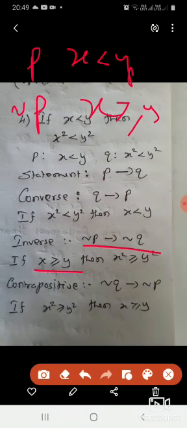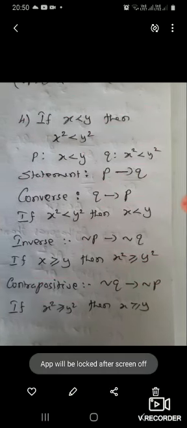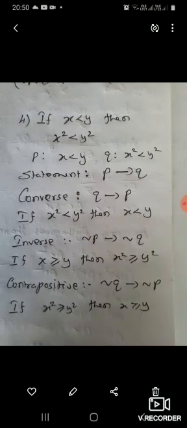And Q is x square less than y square, so its negation is x square greater than or equal to y square. Then the contrapositive is just opposite to this one: the converse of the inverse is the contrapositive.